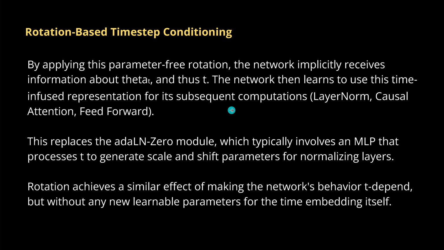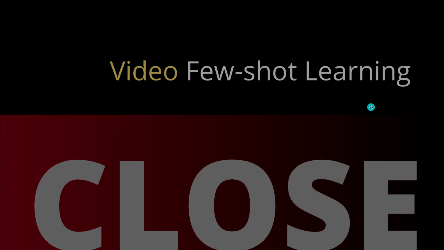And then we simply inject the time dependencies, and it replaces the classical DiT Ada-LN zero module. Rotation achieves a similar effect of making the network's behavior time-dependent, but without any new learnable parameters for the time embedding itself. And this is great. It's not like in my last videos where we had to integrate an additional dimension, and this was our synthetic time dimension. So let's come to the results.